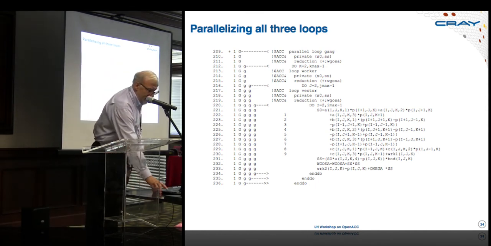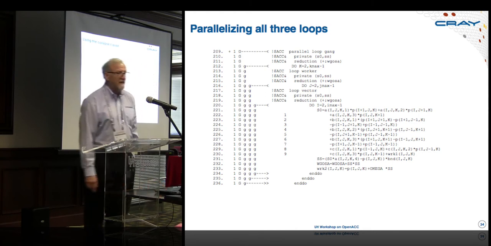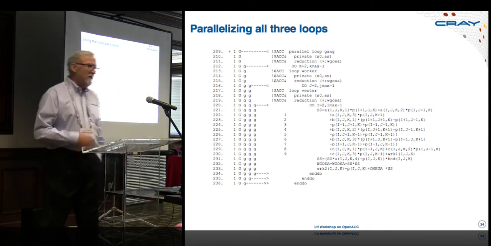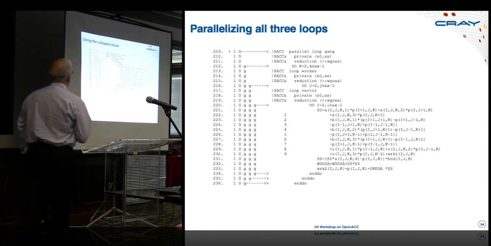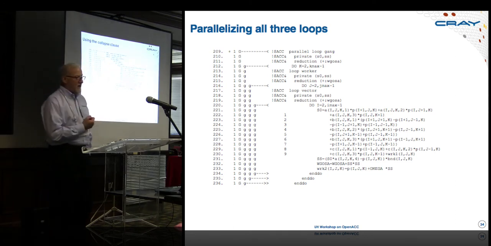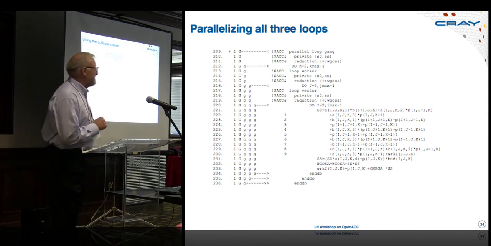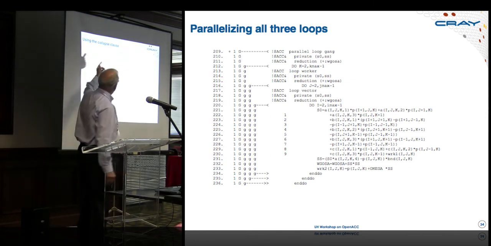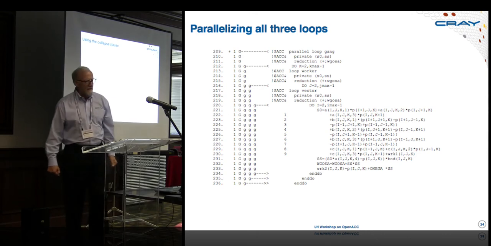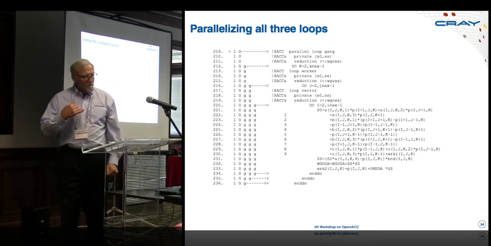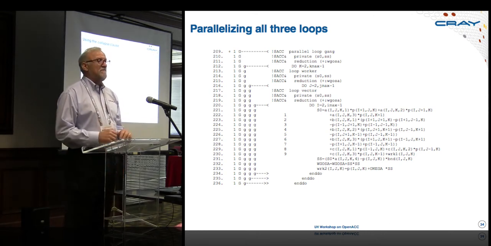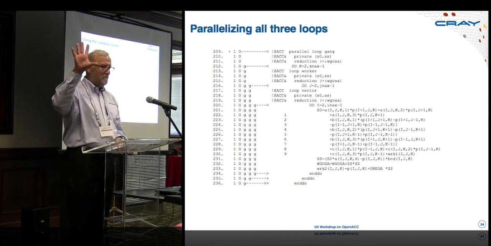But one thing that works extremely well is collapse. Here, in a multi-nested situation, you can collapse loops together. In this case, we're collapsing these 3 loops together. And then, at runtime, the compiler can decide how to break things up.